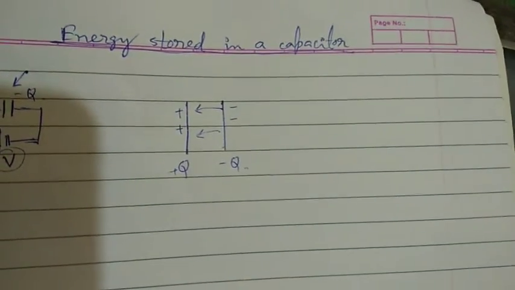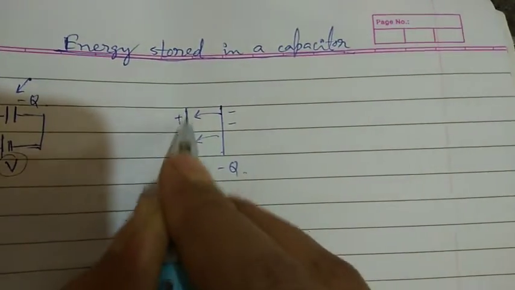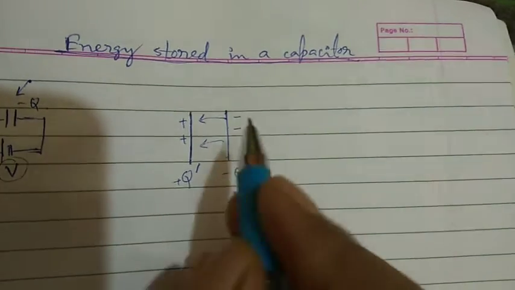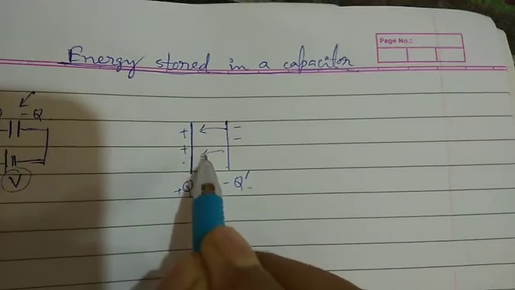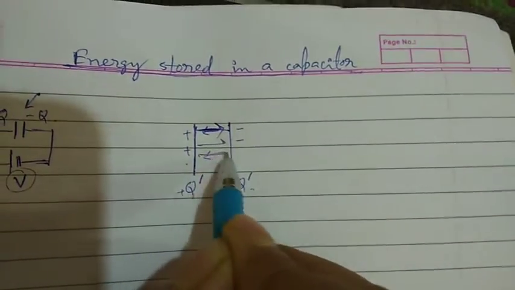Now suppose at any intermediate state, this has a charge Q prime and this has a charge minus Q prime. Now the direction of the electric field inside the capacitor is in this direction.